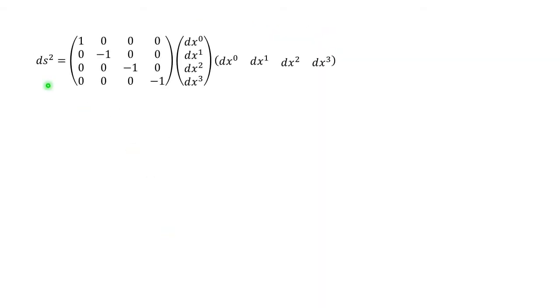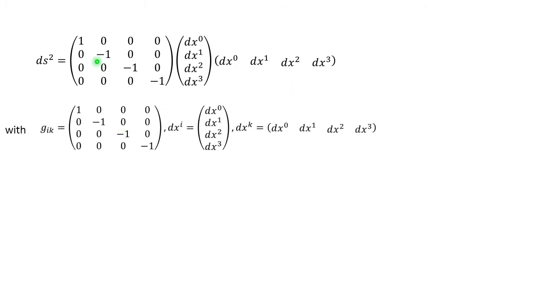Now we have ds squared equals, so when we write it as a product of two matrices we have 1 0 0 0, 0 minus 1 0 0, 0 0 minus 1 0, 0 0 0 minus 1, then with dx0 dx1 dx2 dx3, and then here you have dx0 dx1 dx2 dx3.